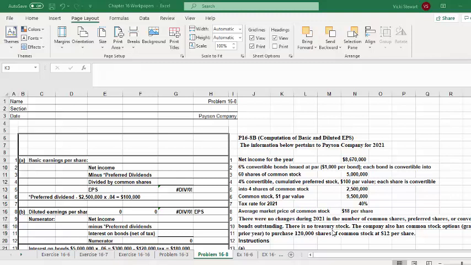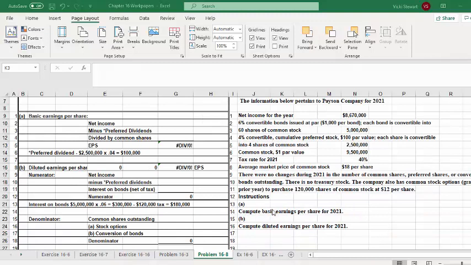There is also no Treasury stock. The company also has common stock options granted in a prior year to purchase 120,000 shares of common stock at $12 per share. In Part A, it states compute basic earnings per share for 2021.